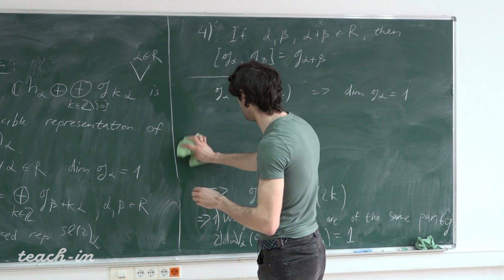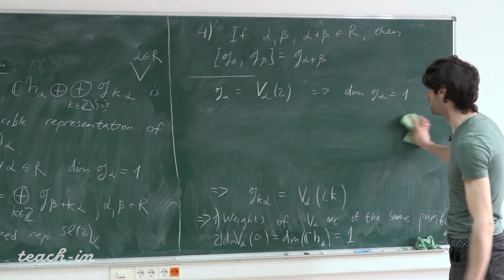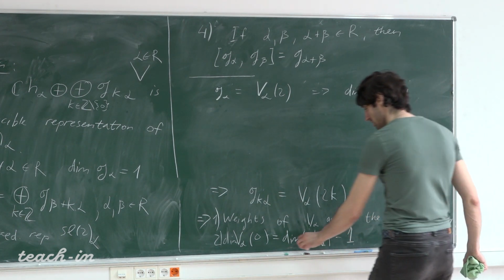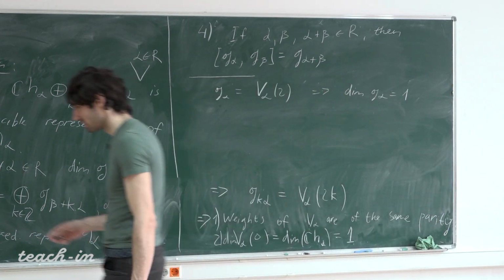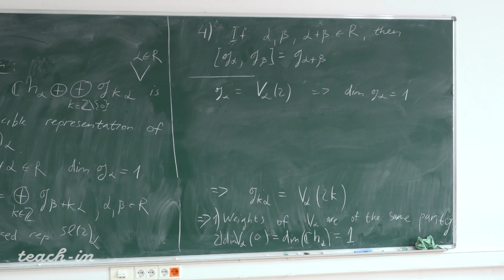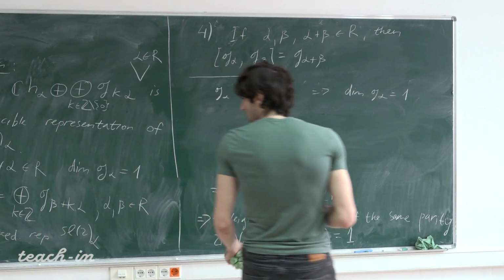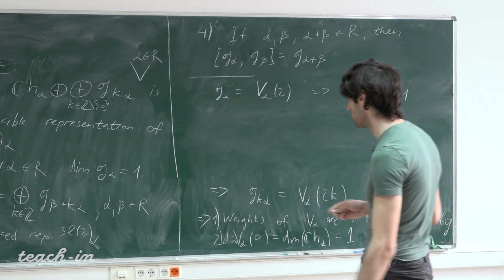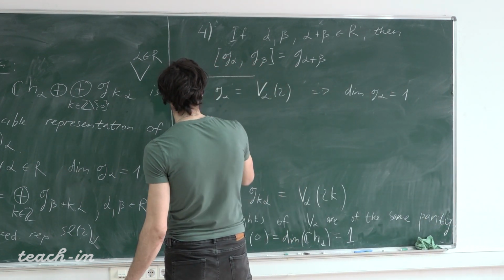Now the third one. The third one is actually the same sort of reasoning. Now it's just the weight subspaces. Maybe we can compute a little bit different weights, right? So this is the proof of the second one.